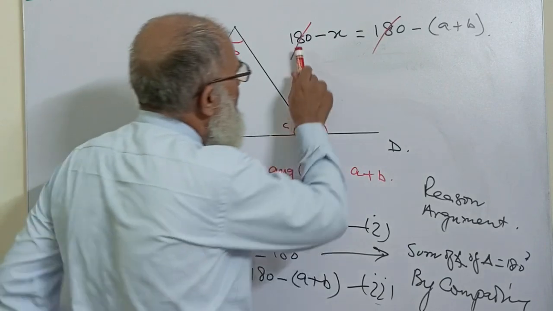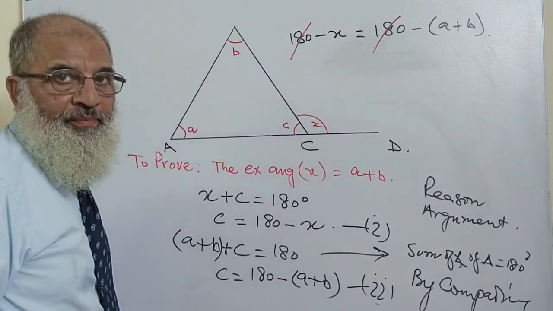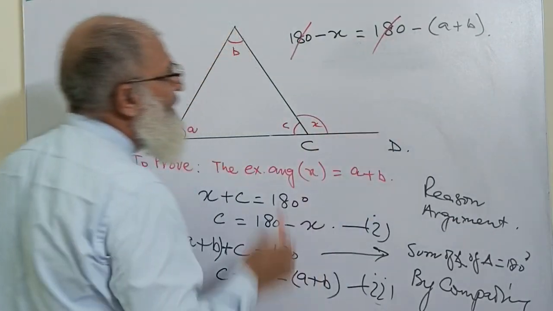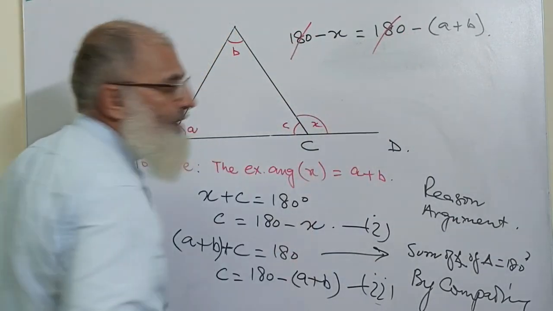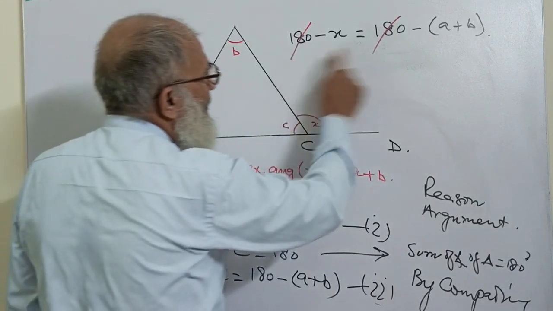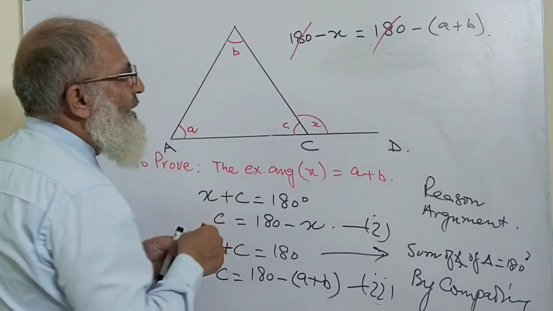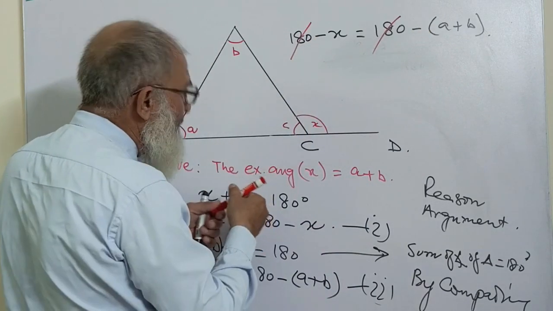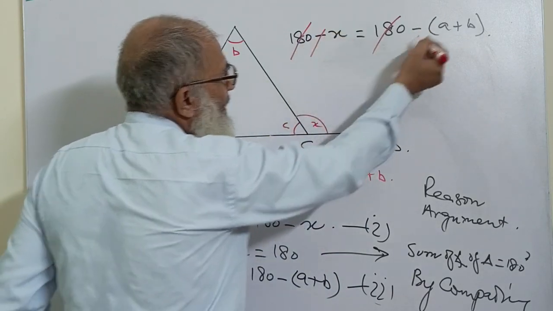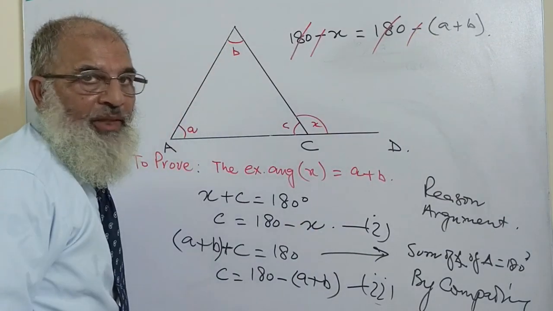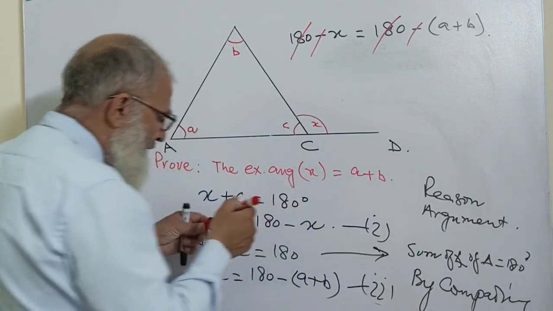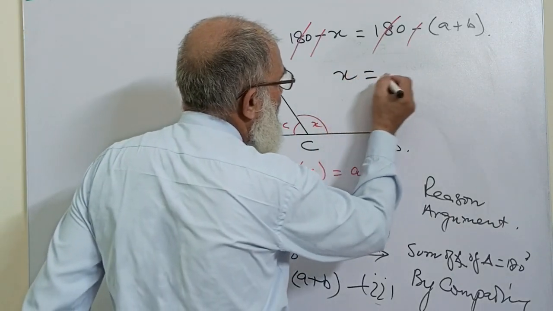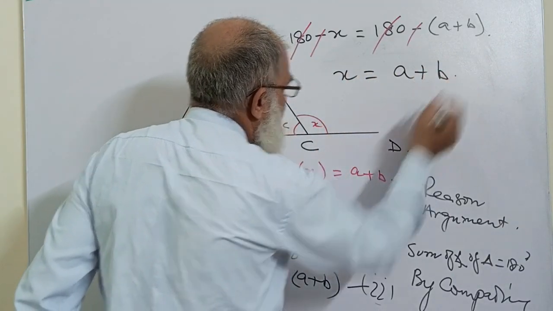We can cancel them because this is the left hand side and this is the right hand side. And we can also cancel the remaining sign. The remaining sign is minus, so we also cancel it. So what is left behind is X is equal to A plus B. X is equal to A plus B.